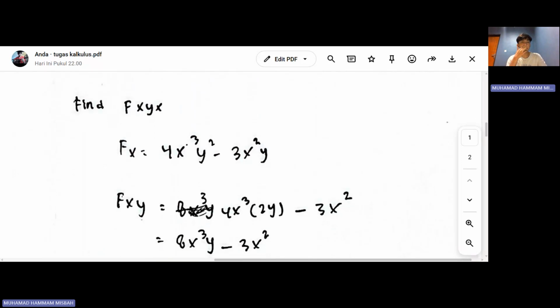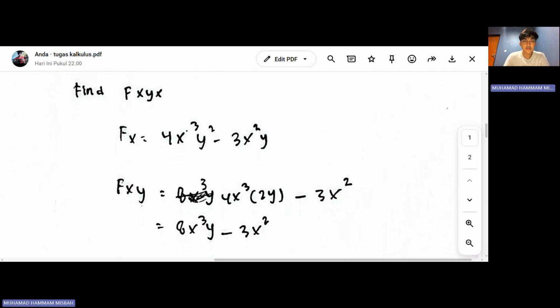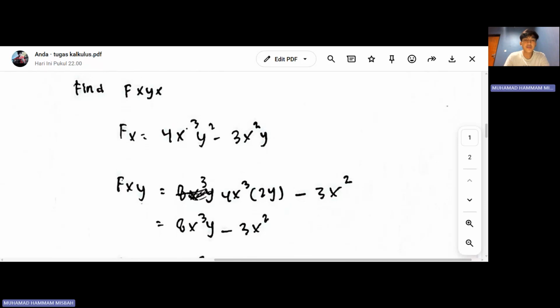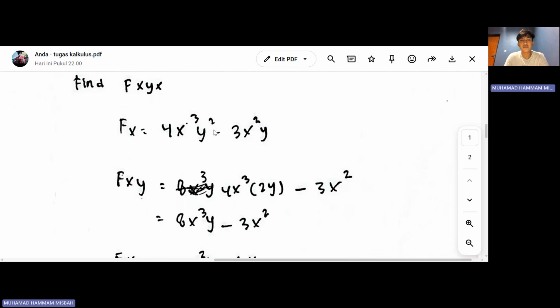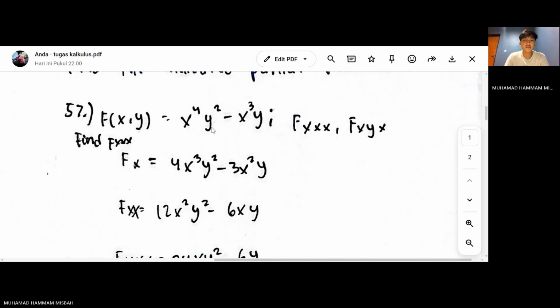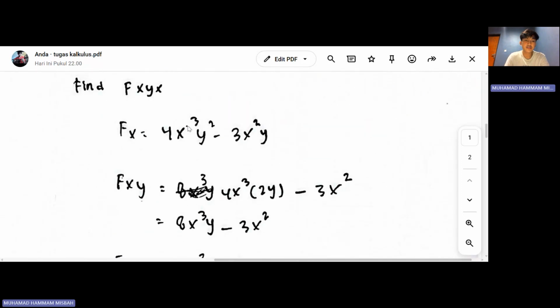And for the second, find f_xyx. For the first partial derivative, we differentiate with respect to x. Same as before, we just have to multiply 4 by the variable x.